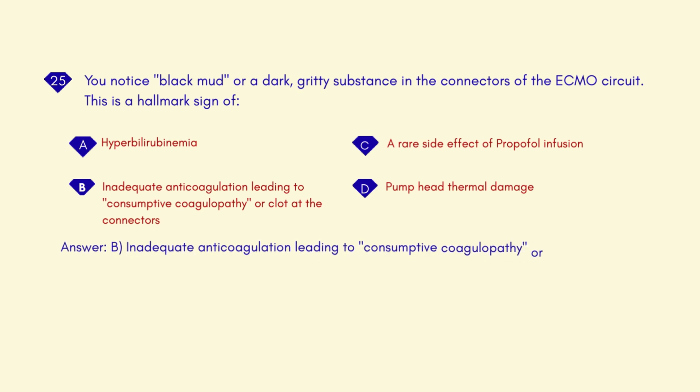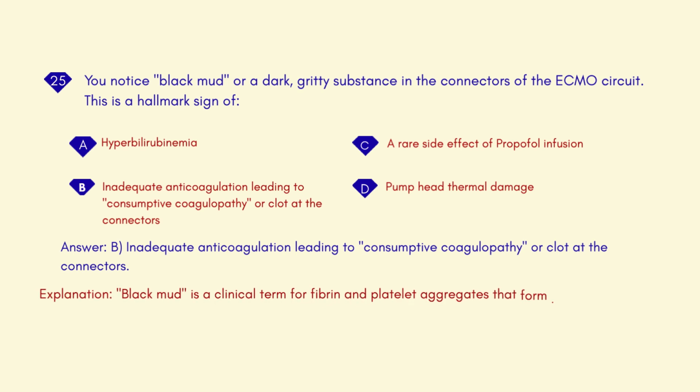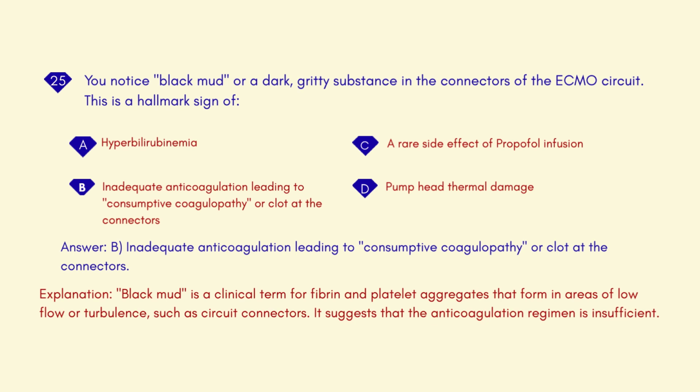Answer: B. Explanation: black mud is a clinical term for fibrin and platelet aggregates that form in areas of low flow or turbulence, such as circuit connectors. It suggests that the anticoagulation regimen is insufficient.